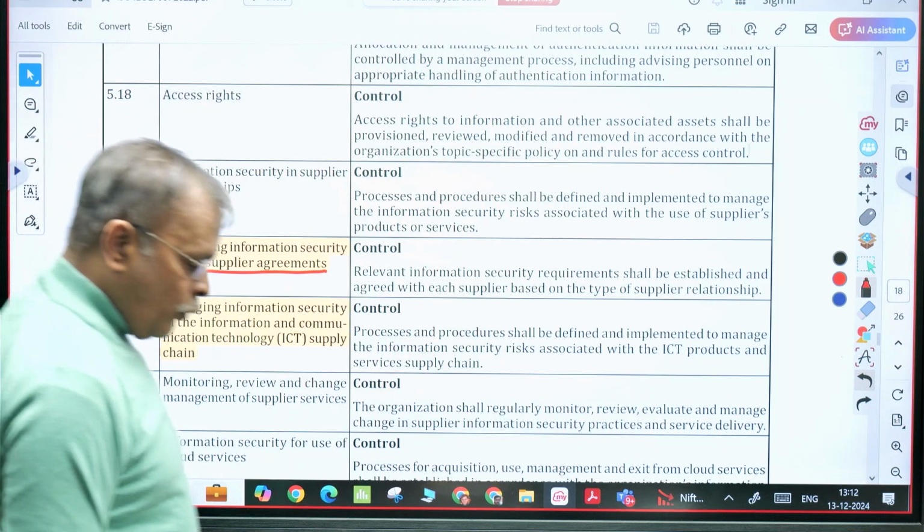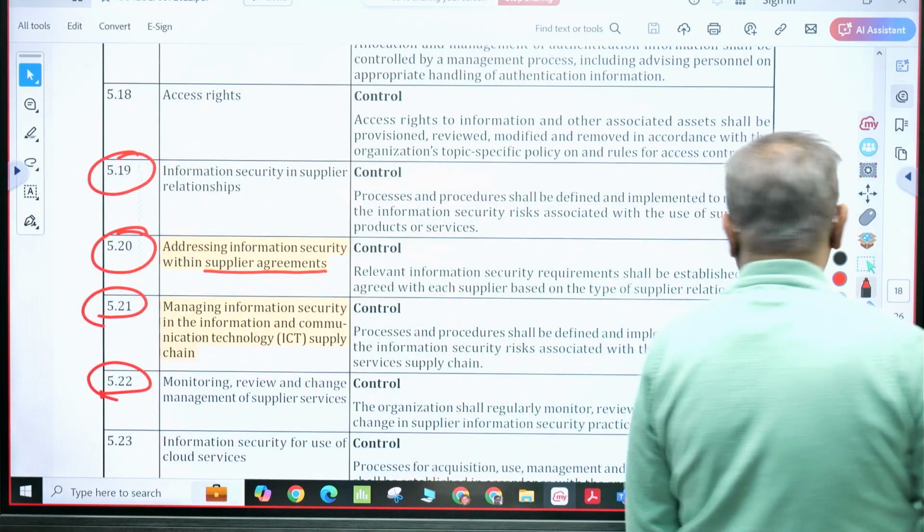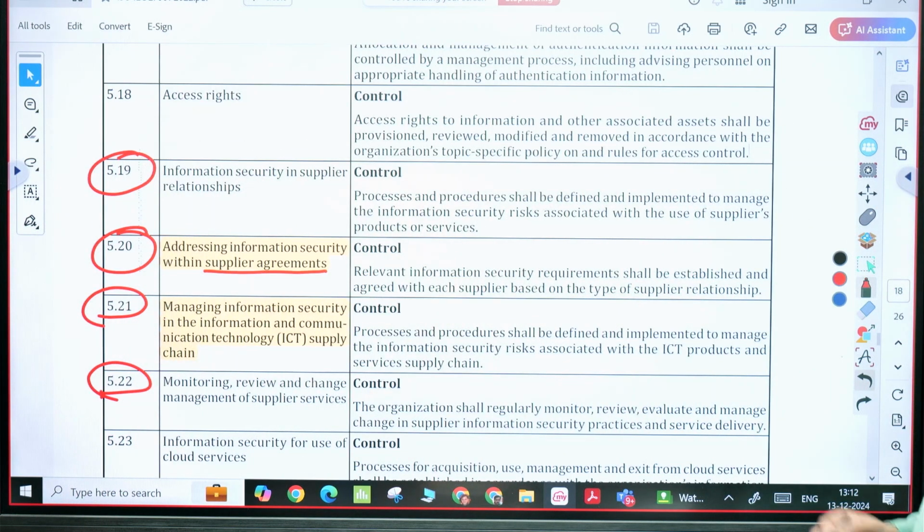So four specific requirements vis-a-vis your supplier relationship management.